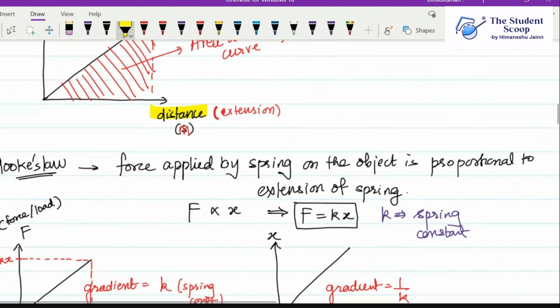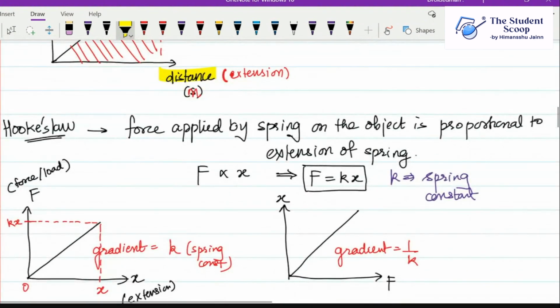Then we'll try to revise Hooke's law quickly. Hooke's law specifies that the force applied by the spring on the object is proportional to the extension of the spring, which should be under the elastic limit of an object.